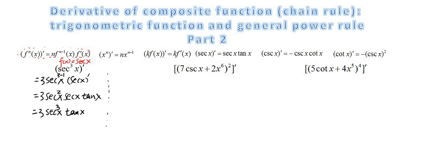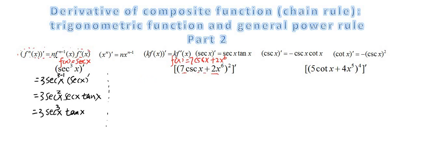Now let's take a look at the second example. The f(x) is 7 cosecant x plus 2x to the power 6. Now we can plug in.